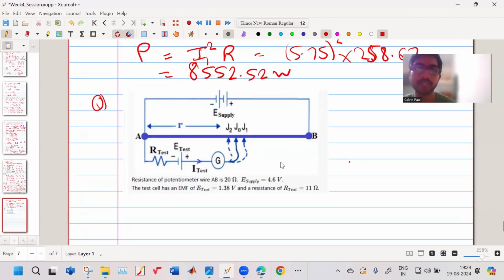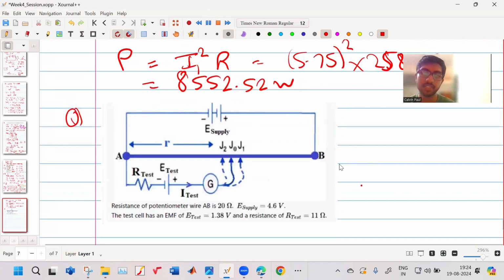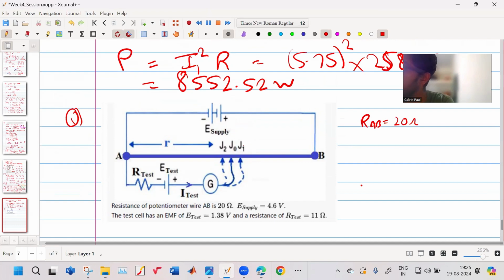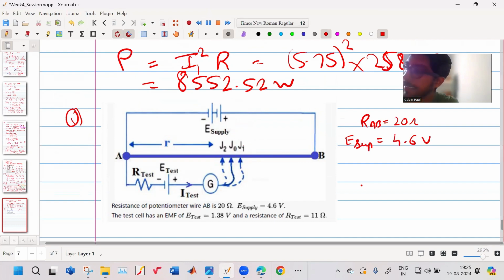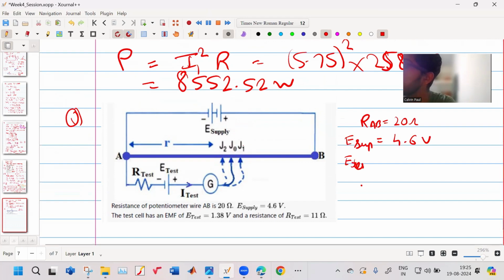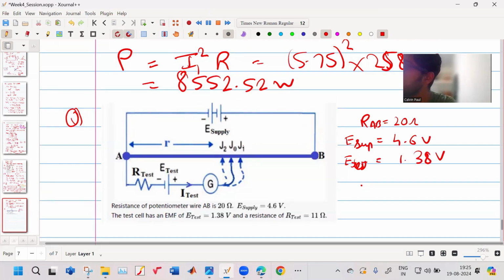Now we have this question where the resistance of a potentiometer wire AP is 20 ohm. So we are given that RAB is 20 ohm. We are given that E supply is 4.6 volt. And this test cell, E test, is 1.38 volt.